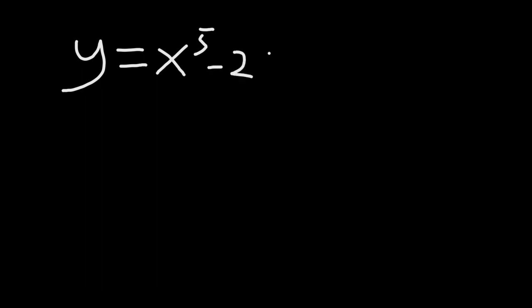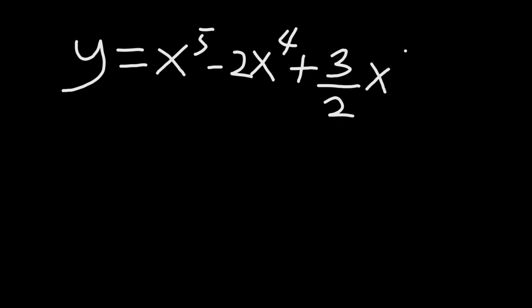We have y is equal to s to the 5th power minus 2s to the 4th power plus 3/2 s to the 3rd power. Okay. So we now have dy/dx.